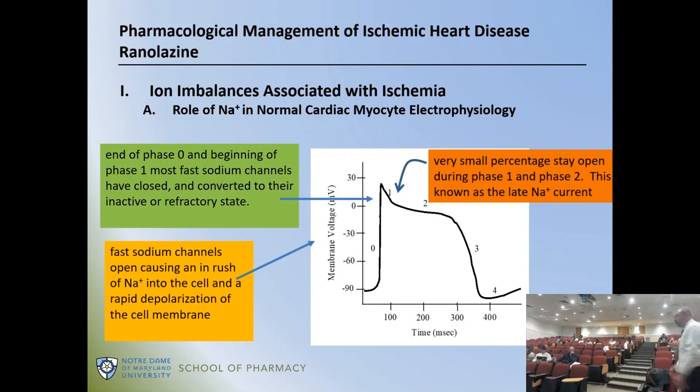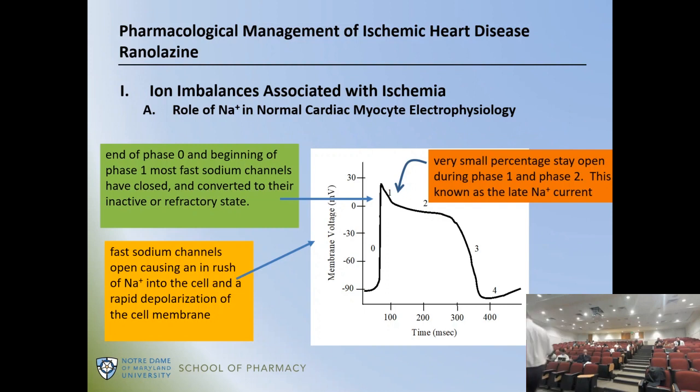As we get towards the end of phase 0, about 90% of those sodium channels close and go inoperable. But a small fraction of them stay open, and that is referred to as the late sodium current. Those sodium channels will stay open during phase 1 and phase 2.